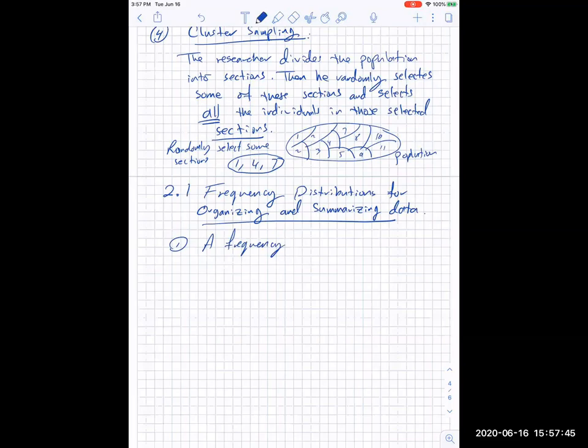A frequency distribution, or sometimes I will use the word table, a frequency table shows how data are partitioned into several classes or groups. We usually use the word classes.